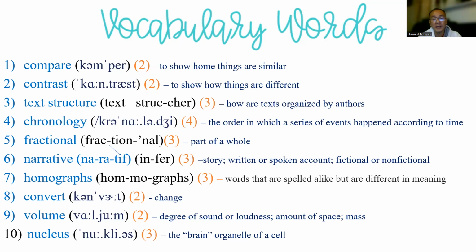So they had to make a plan to retaliate. And in 1945, World War II ended after Japan's surrender due to the impact of the atomic bomb dropped by the United States of America. So that is called chronology, events that happen according to time.